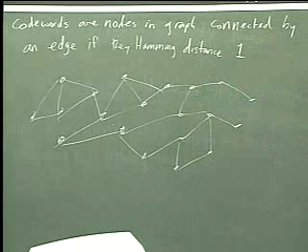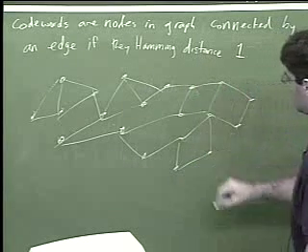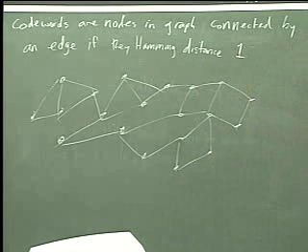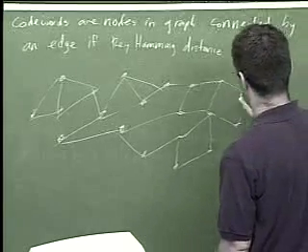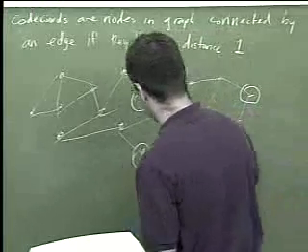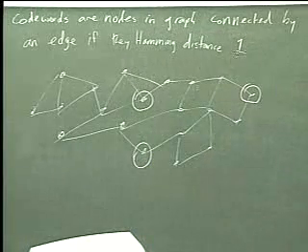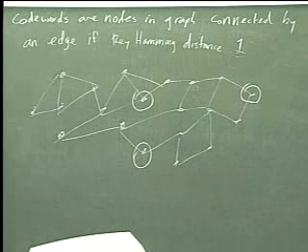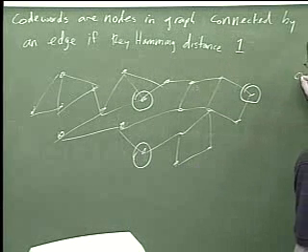Some of these code words are valid, so I'm going to circle the ones that are valid. Let's say this code only has 3 valid code words.